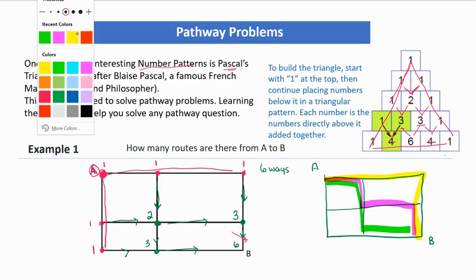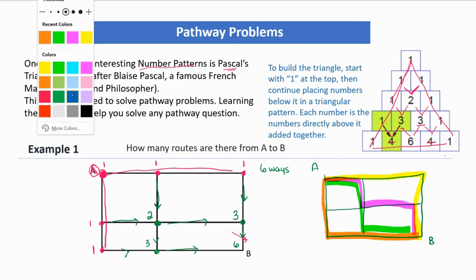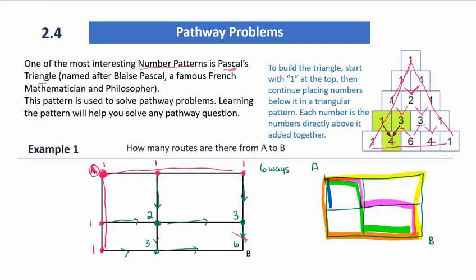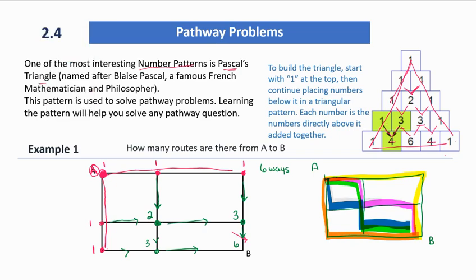Or I can go down and over, so that's the fourth way. I could go here. There's the fifth way. And then the last way would be from here all the way over and down. That's not the color that shows up the most. But here are the 6 ways mapped out to show you that it does work.